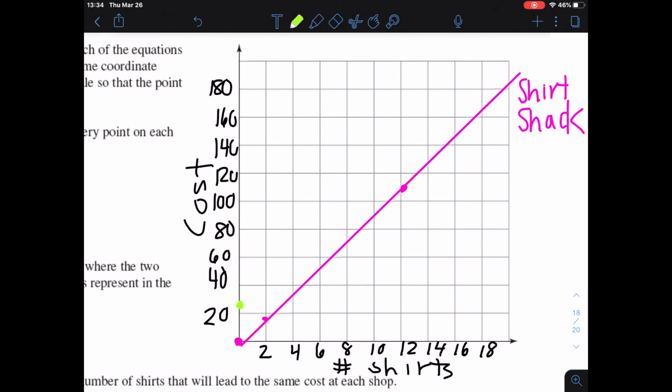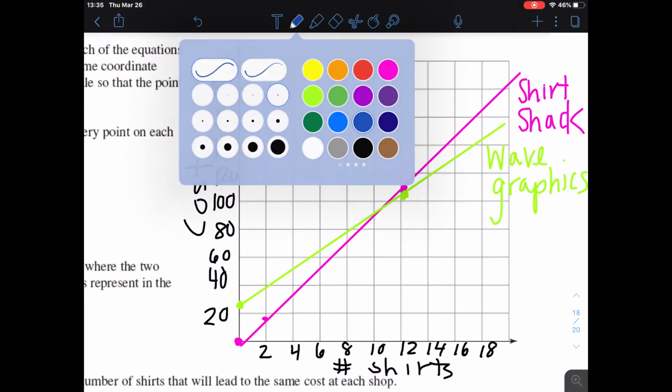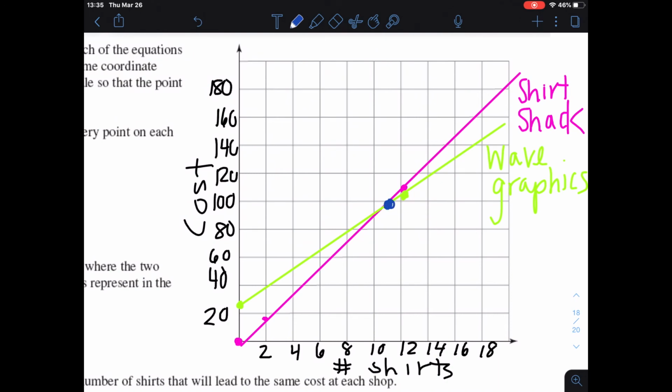So no shirts, still 22 bucks. 12 shirts is $106, so it's a little bit less than this one. And then we can connect those dots. So this here is Wave Graphics. Okay. Now we can look at their intersection a little bit better. It looks like it is around 11 shirts, somewhere in between 10 and 12.